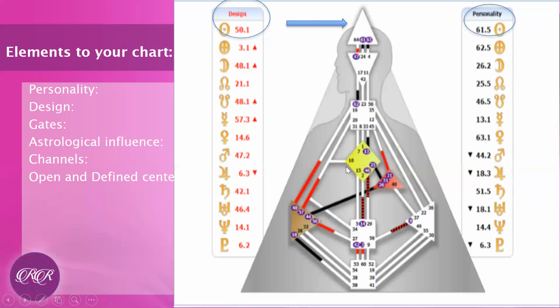And the channels are when two gates make up an entire line across a center. Your open and defined centers are whether they are white or colored in. So that's going to give you a basis for how to understand where you're getting your numbers and where to check your strategy, where to check your authority, and gives you a basic idea of how to look at your chart.